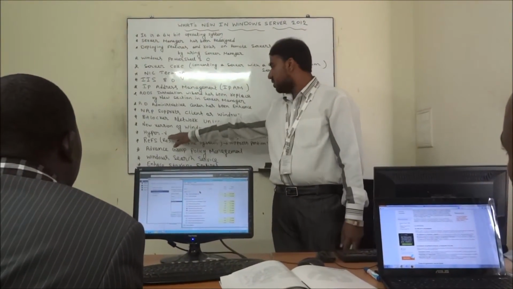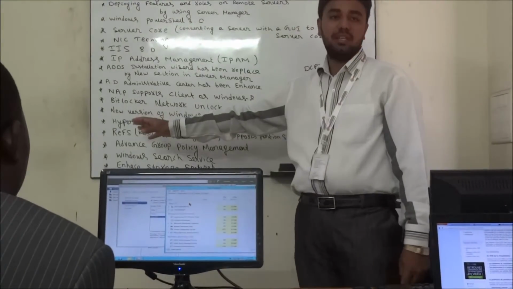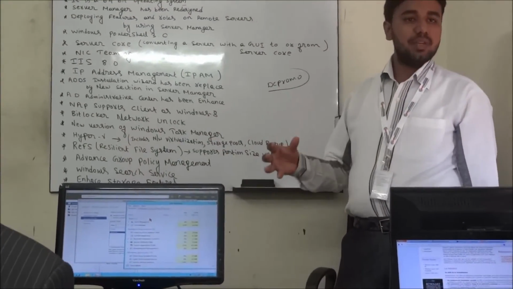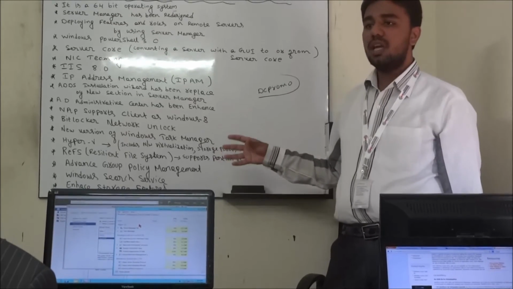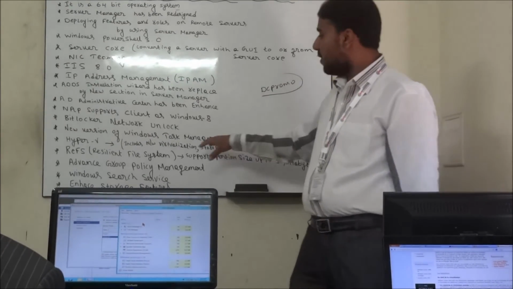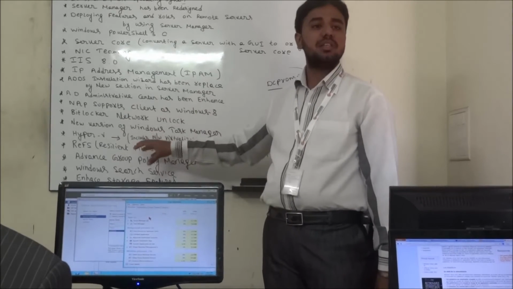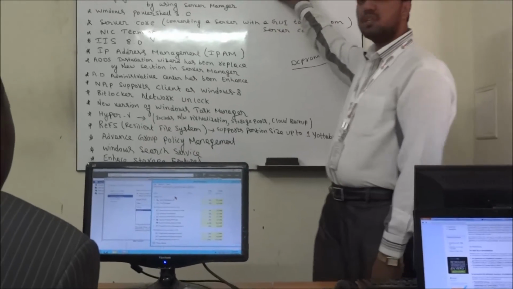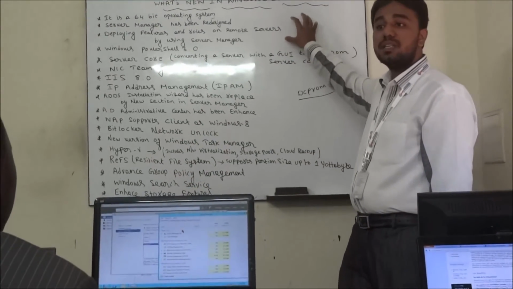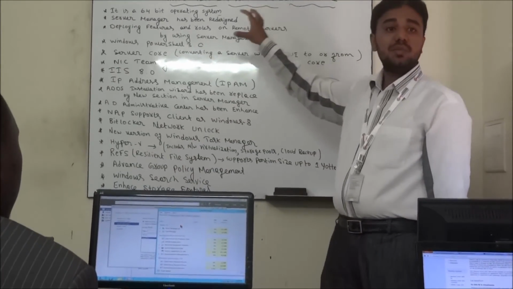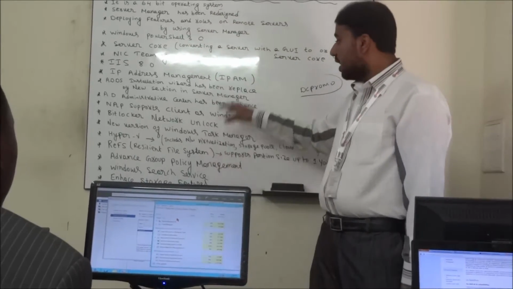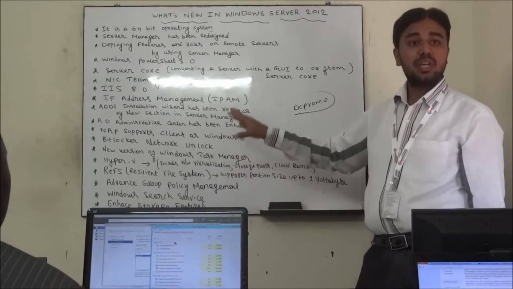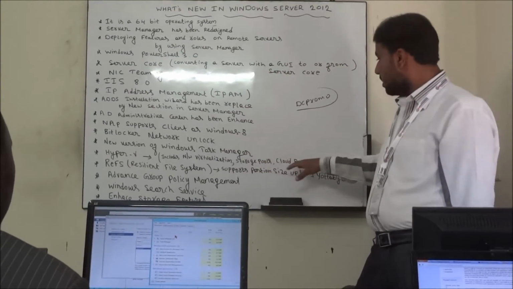And the next feature, the new version of Hyper-V, Hyper Virtualization. We know that from Server 2008, Hyper-V was introduced. It's a built-in virtualization feature in Microsoft, but they have added many more features in Server 2012, which is the reason why we call Windows Server 2012 a cloud-based operating system. It is mainly used for cloud computing because they have added many features like network virtualization, storage pools, you can connect through fiber channels, and cloud backup.